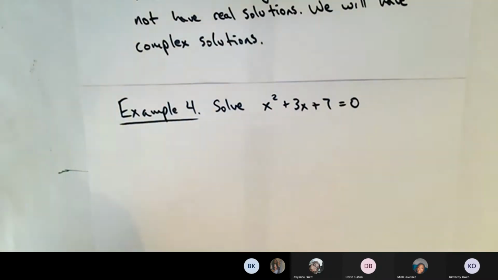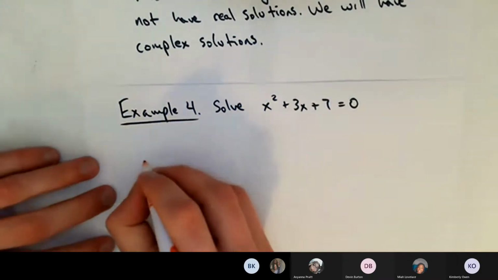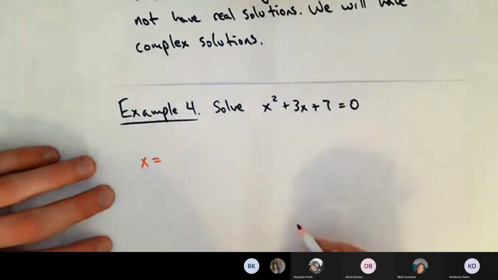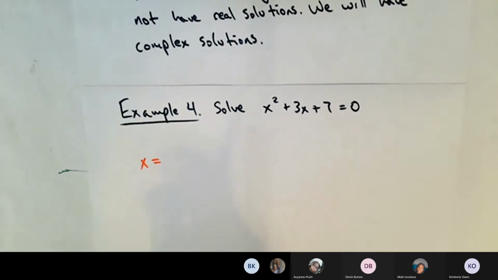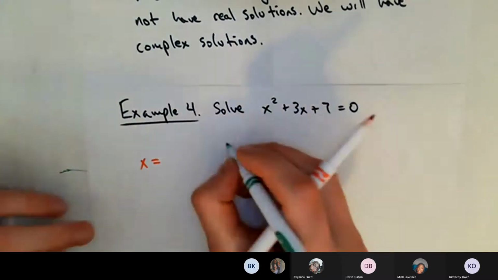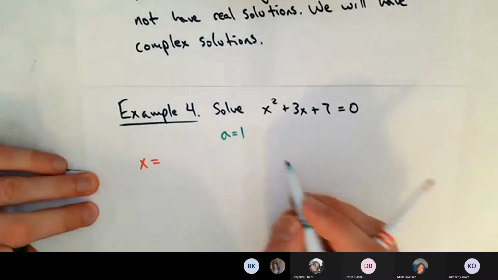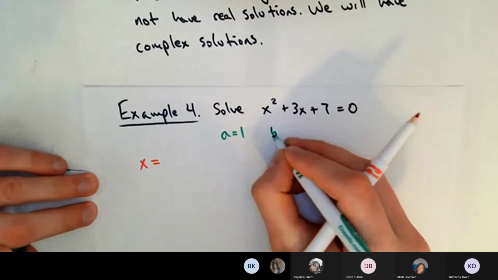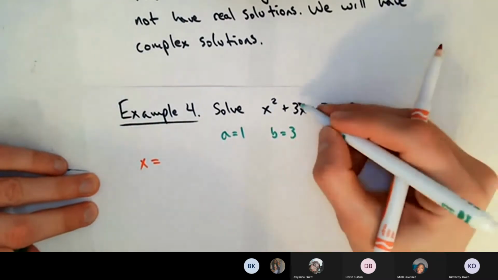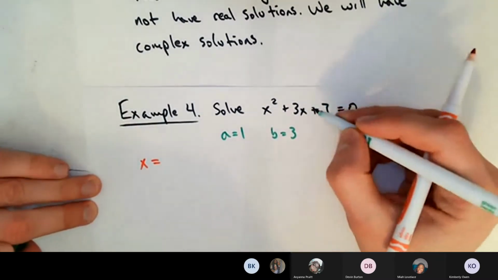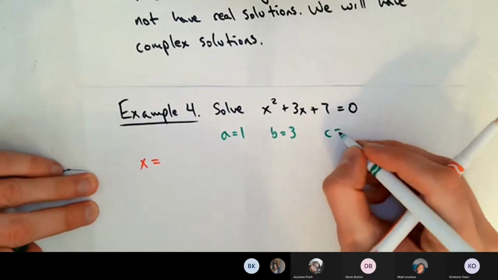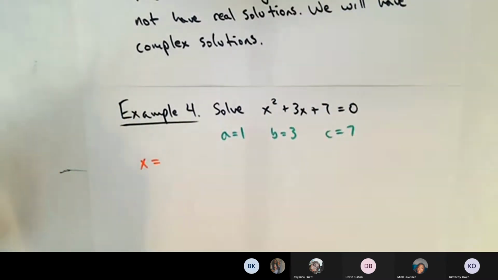So you'd say, and I'm going to write the solution part in red here, x is equal to, ooh, wait, before we do that, let's name a, b, and c. A is 1, right? That's the leading coefficient. B is 3. That's the linear coefficient attached to the linear term, the middle term. And C is 7, that constant term.